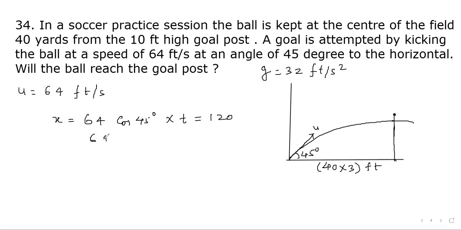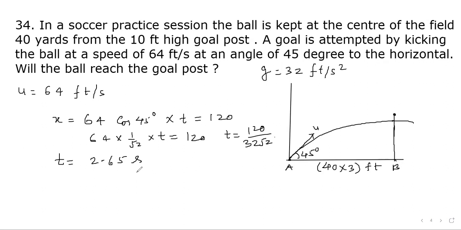So 64 into 1 upon root 2 into t equals 120. This will give t equals 120 divided by 30 root 2. If we simplify it, t equals 2.65 seconds. So the total time from A to B is 2.65 seconds.